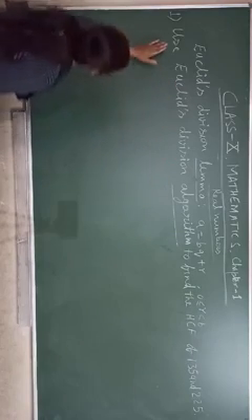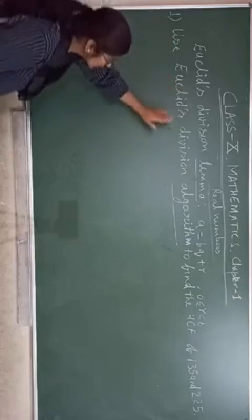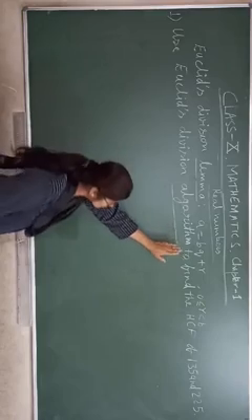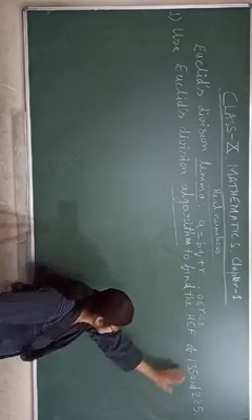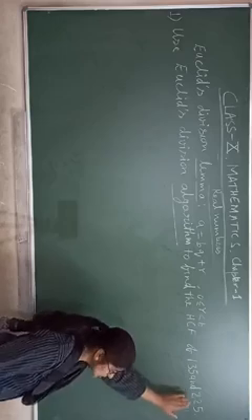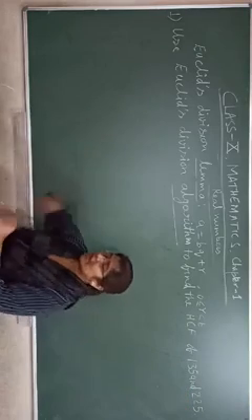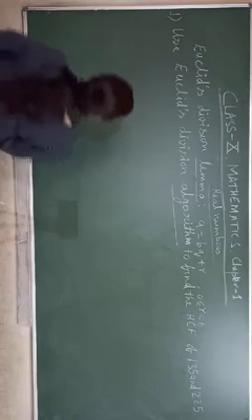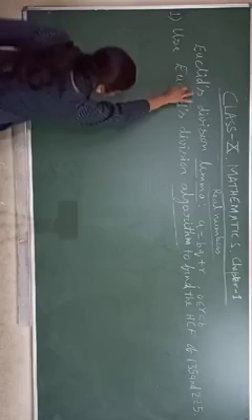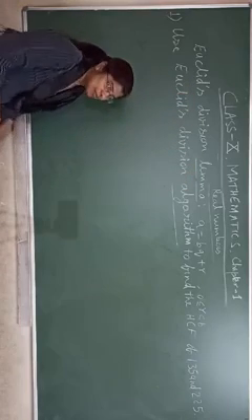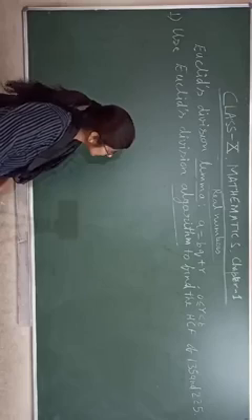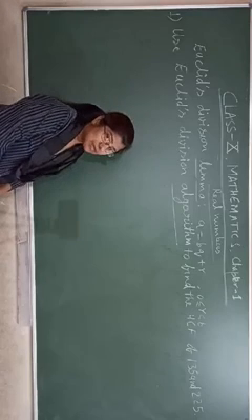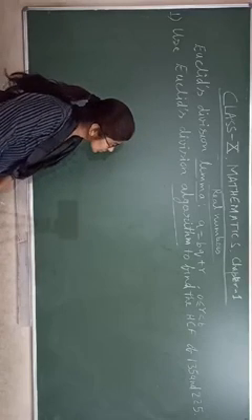So the question is to use the Euclid division algorithm to find the HCF of 135 and 225. For solving this, we have to use Euclid's division lemma, and lemmas are already proven statements that we can use as they are.